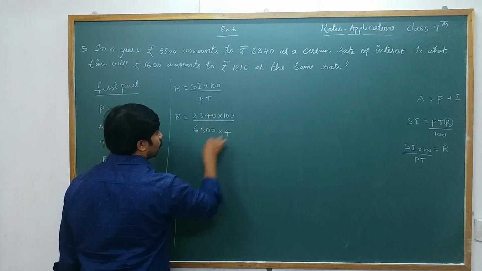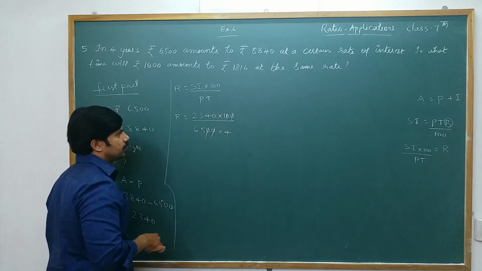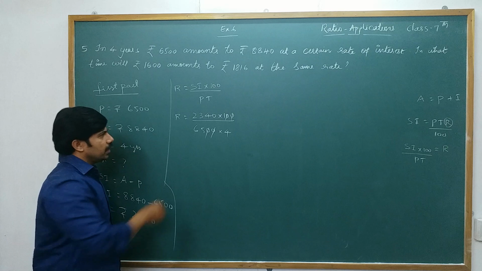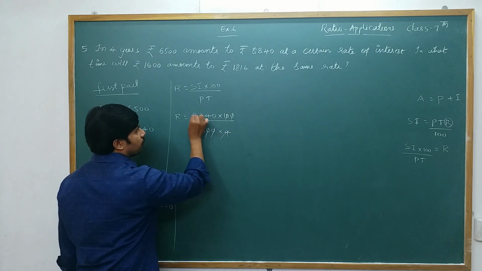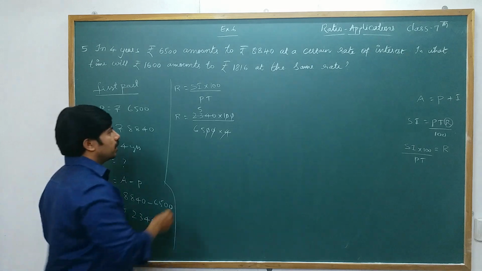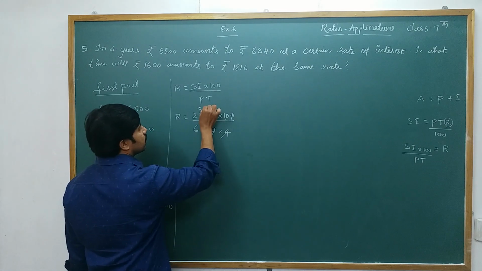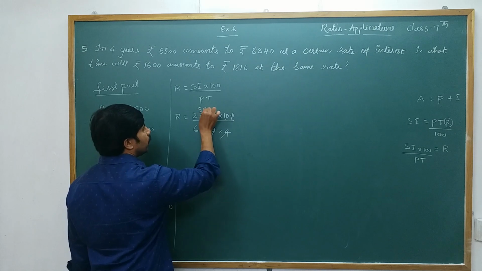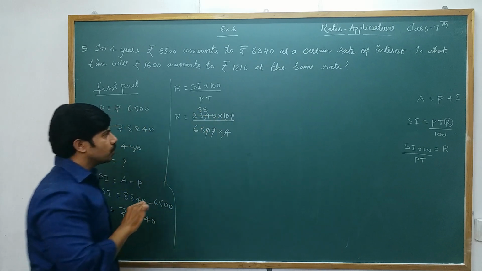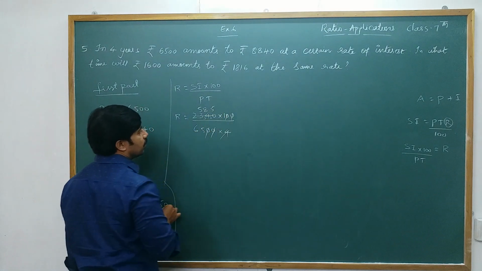6,500 into 4. So the zeros we cancel. Now 4 ones are 4, 4 5s are 20, remainder is 3, 4 8s are 32, remainder 2, 4 5s are 20, right?